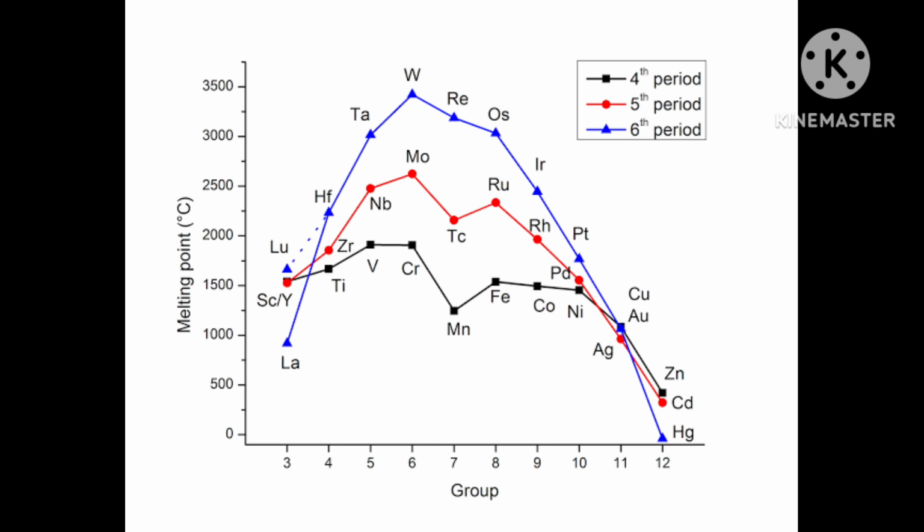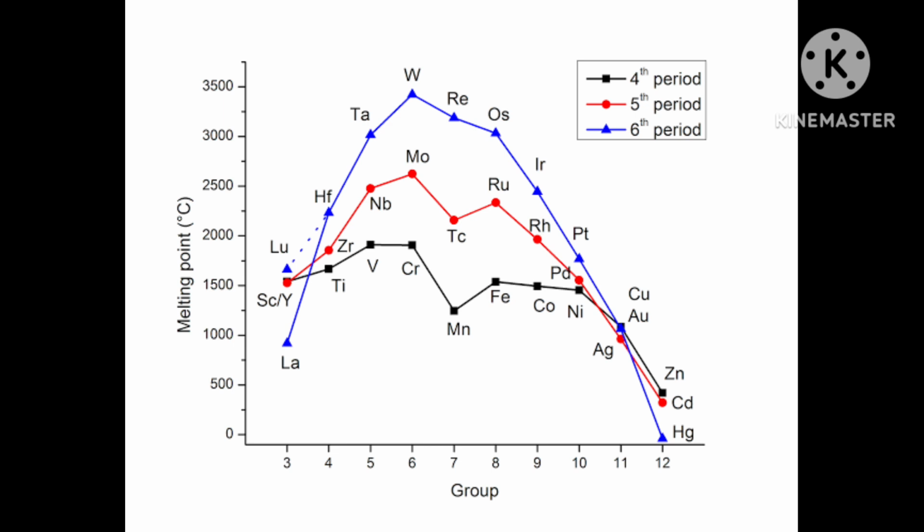Then this I have discussed, about the melting point, and the main thing, lanthanide contraction, and also the factors, why it happens, and density, why it increases, that also I have discussed.